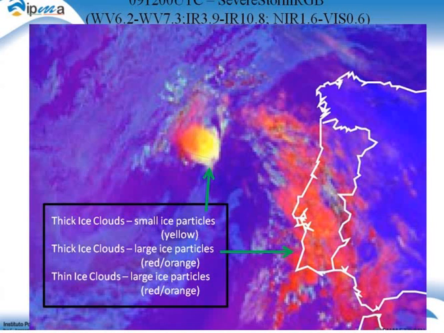The severe storm RGB uses the brightness temperature differences on red and green, and the reflectance difference on the blue beam. Severe convective clouds appear yellow with small ice particles.